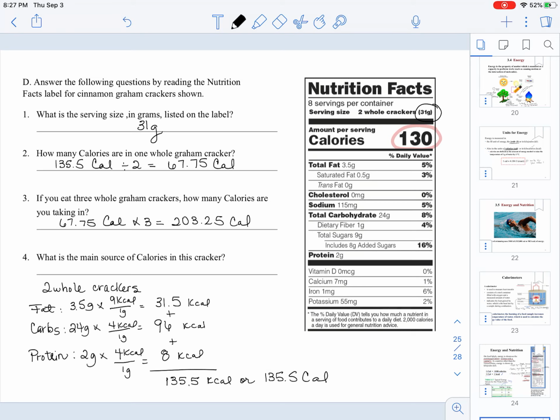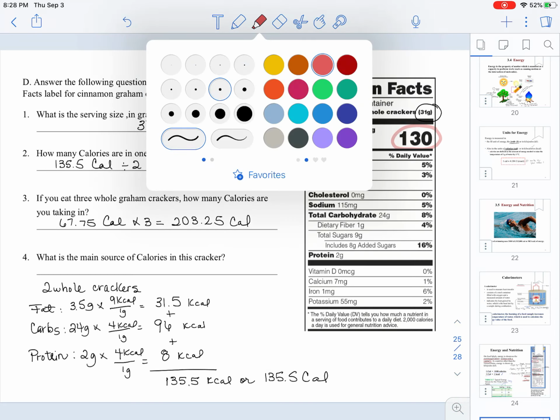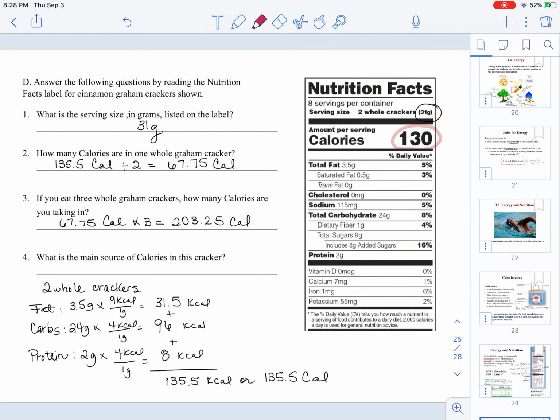And if we look at the main source of calories or energy in this cracker, all we have to do is compare 31.5 to 96 to 8. And as you can see, carbohydrates are going to be the main source of energy because it has the larger value out of the 3.